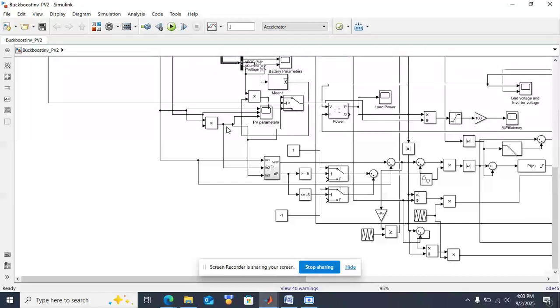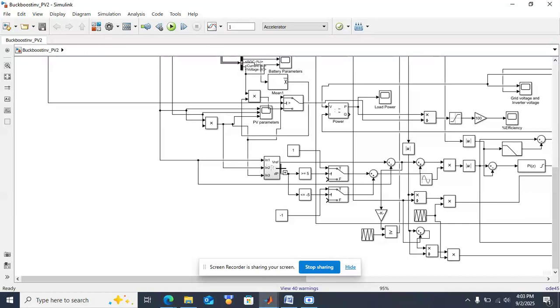In this, we are calculating the PV power from the voltage and current from the PV. From that we are getting V reference and dP.